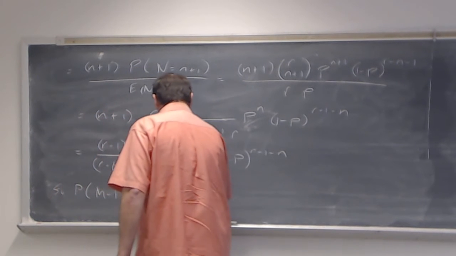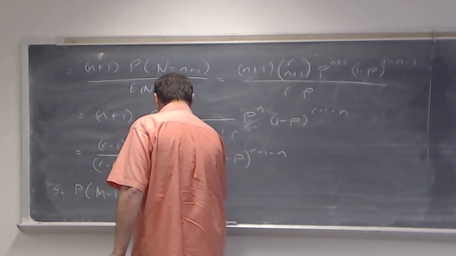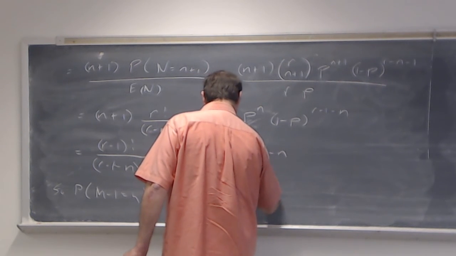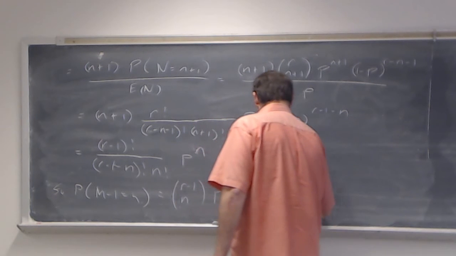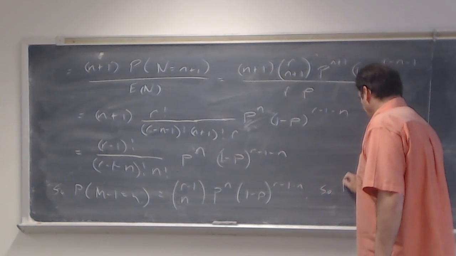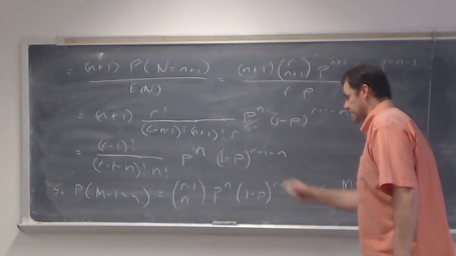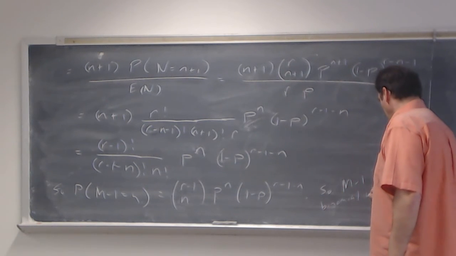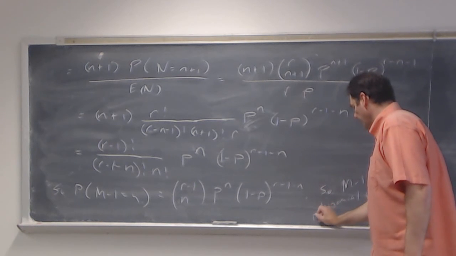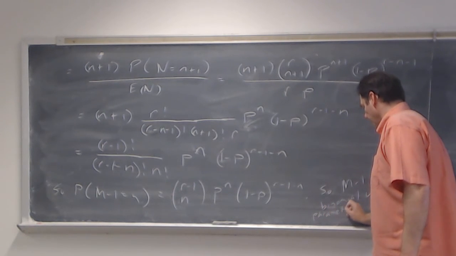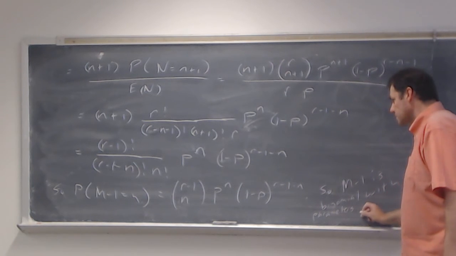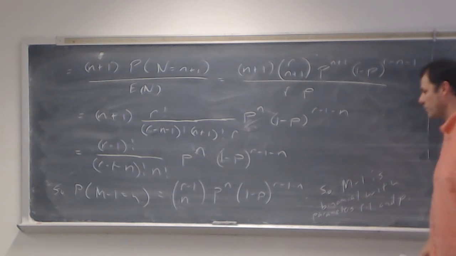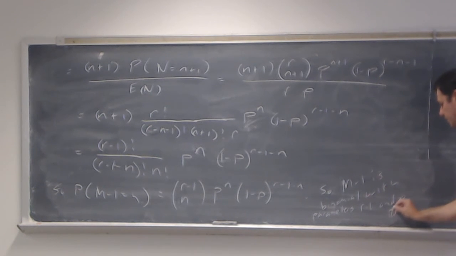That's equal to R minus 1 choose n, P to the n, 1 minus P to the R minus 1 minus n. So M minus 1 is binomial because its PMF has the right form with parameters R minus 1 and P. And that's what we were setting up to prove.